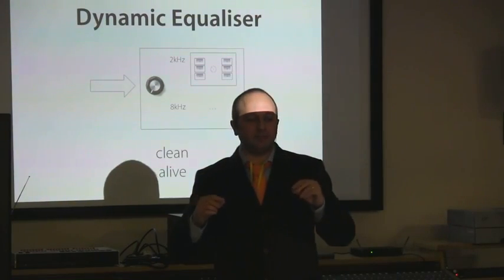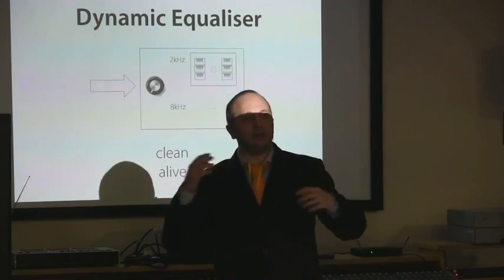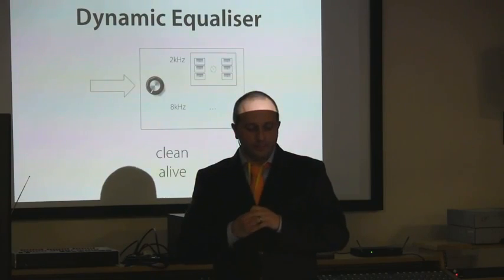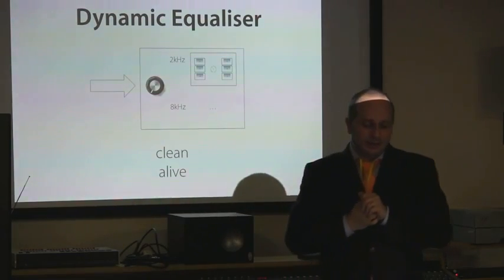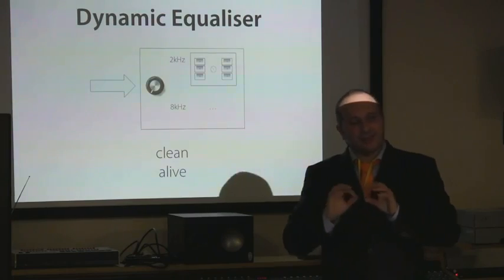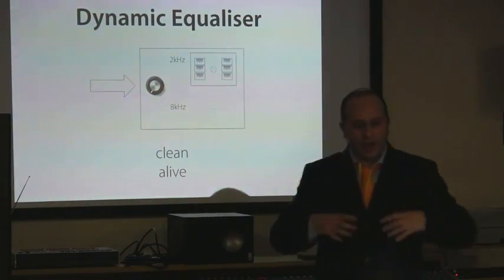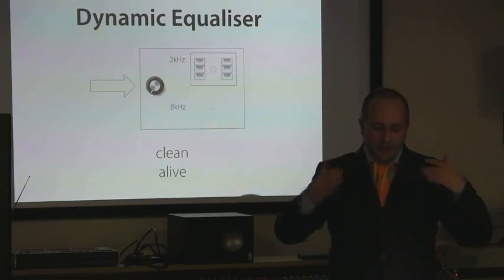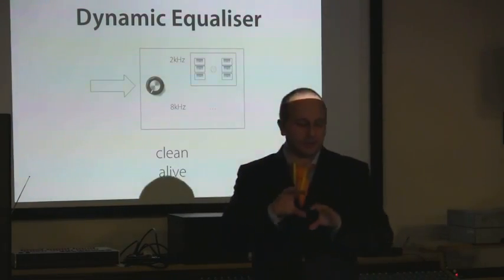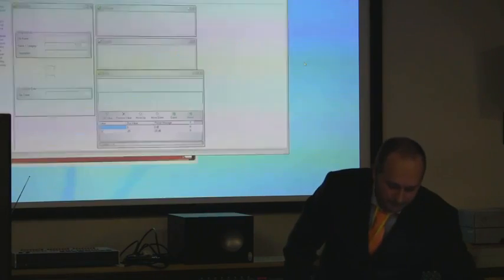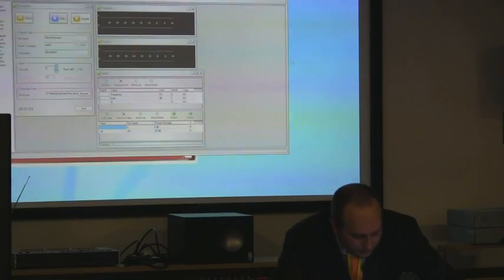You are selecting a sort of dynamic one, a moving one. The result is a lot better because it's clean but alive like before. So we are adding controls, we are adding things to our basic model. Okay.